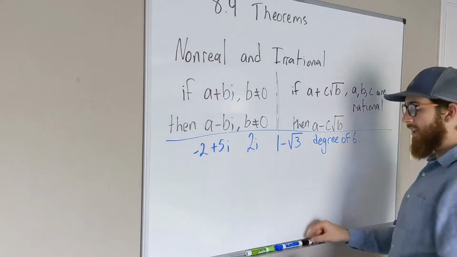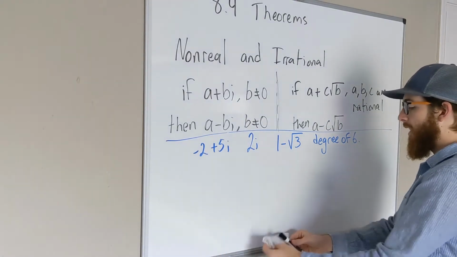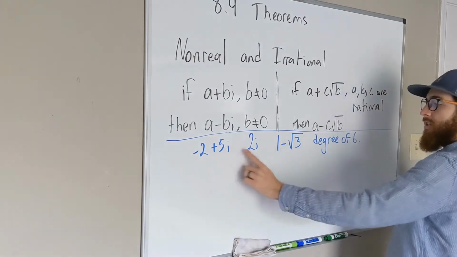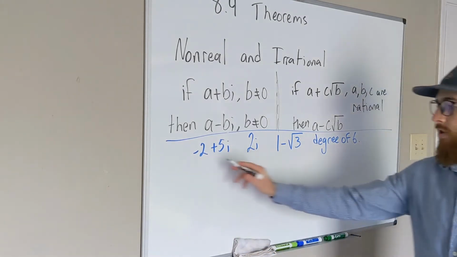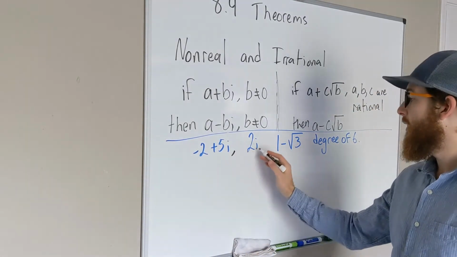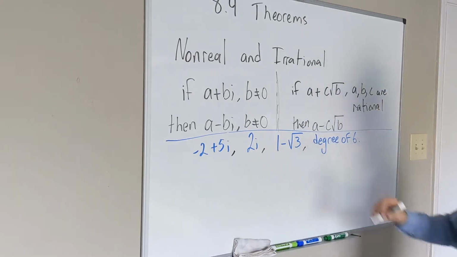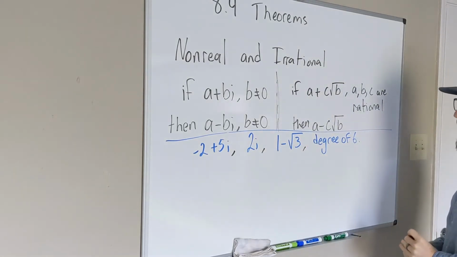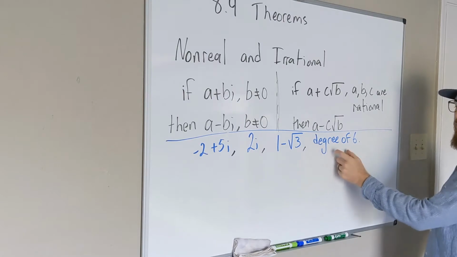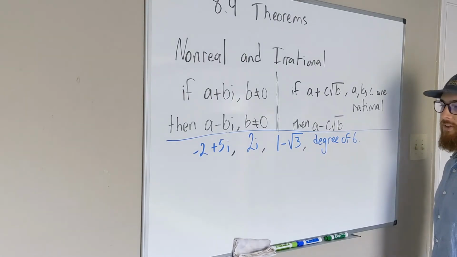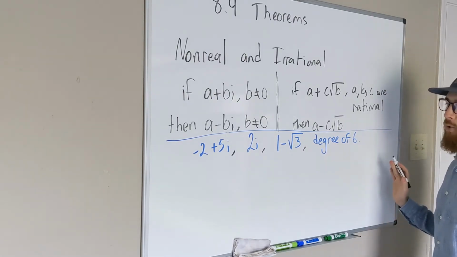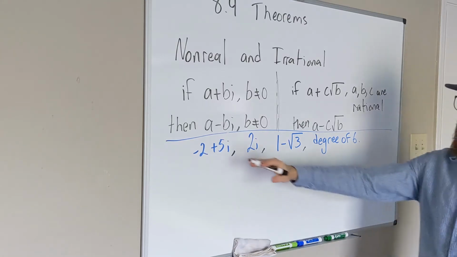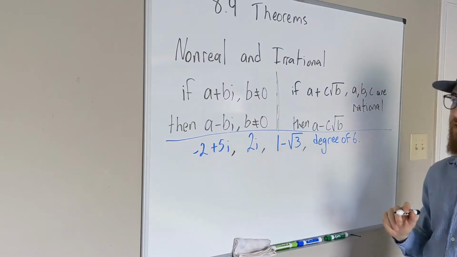And so let's look at an example real quick. If I have these 3 zeros, negative 2 plus 5i, 2i, and 1 minus 3 square root of 3, but my function is degree 6. So first thing I need to do is write out the conjugate pieces for each of these.